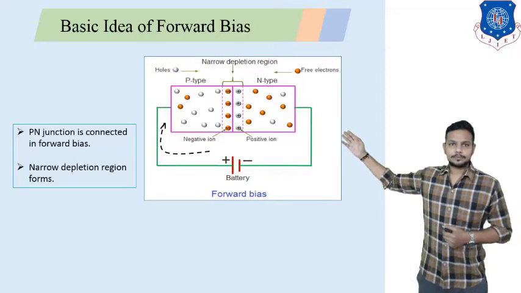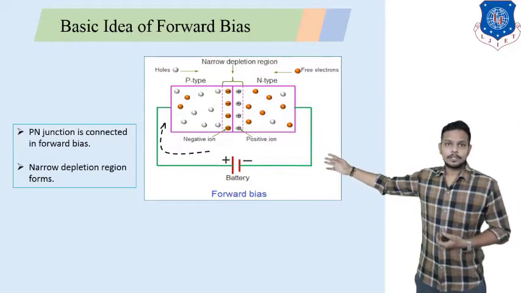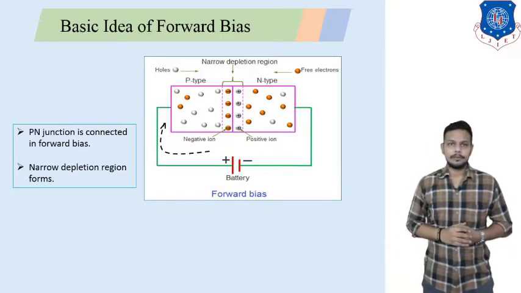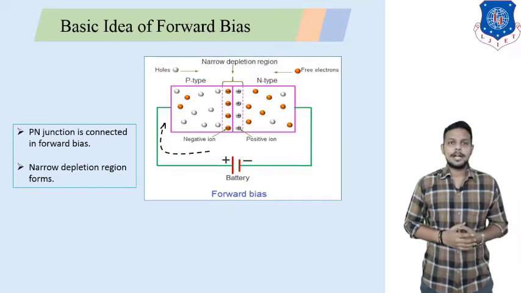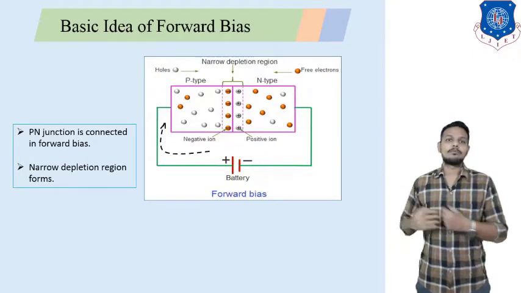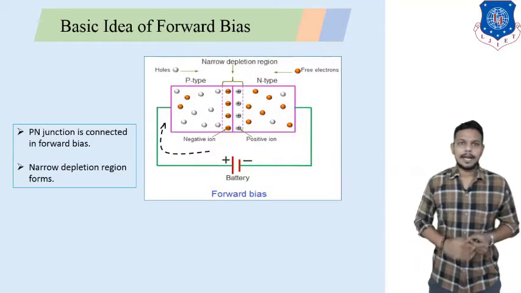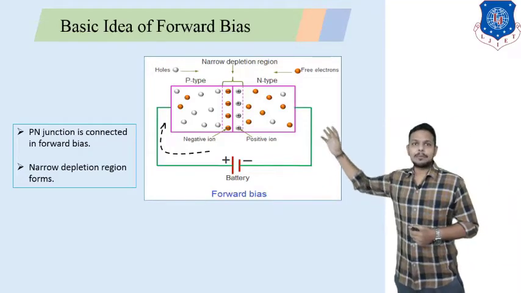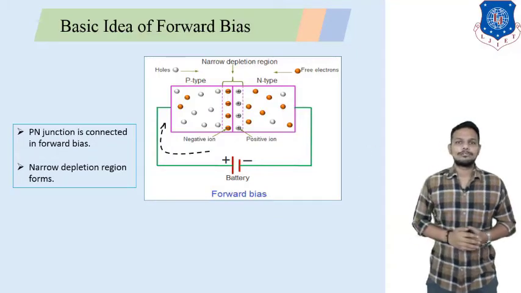So when we apply voltage gradually, electrons pull themselves towards the p-type material. So the depletion region becomes narrower, and gradually with increase of voltage this depletion region collapses and all electrons can travel from n-type material to p-type material. So this is the basic idea of forward bias.